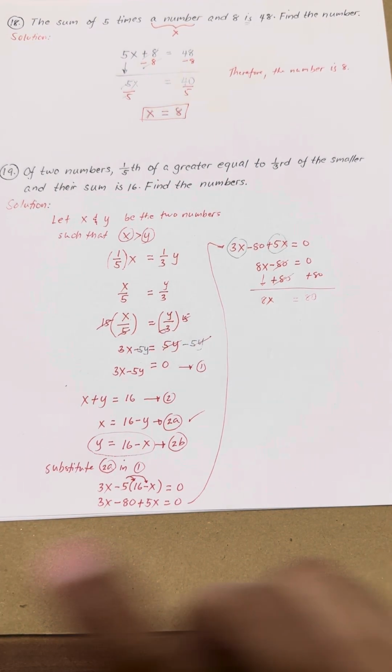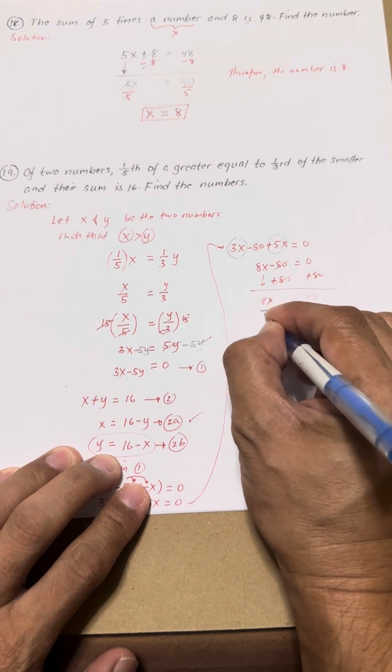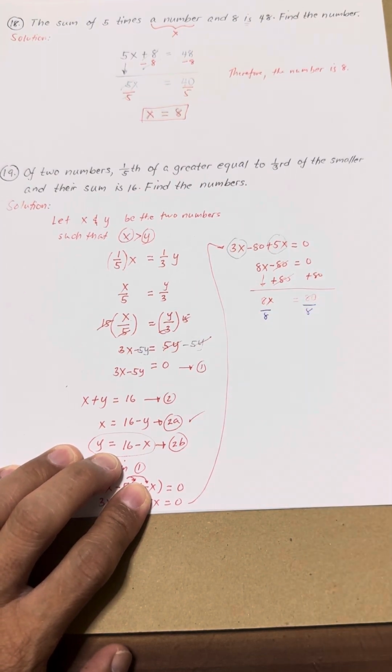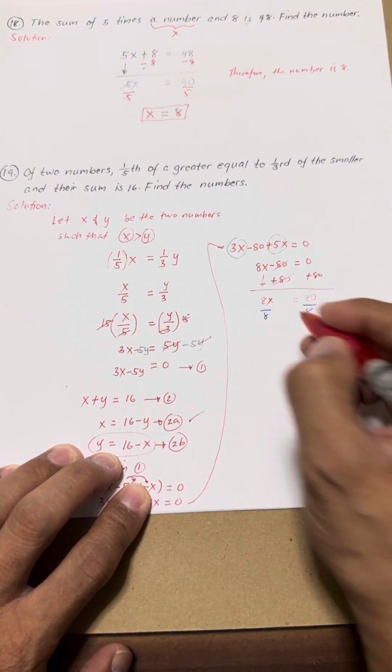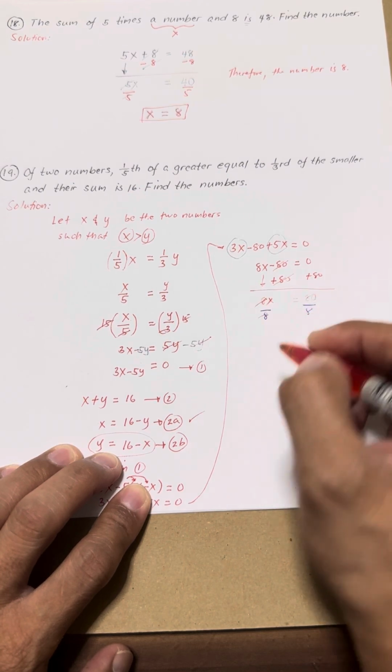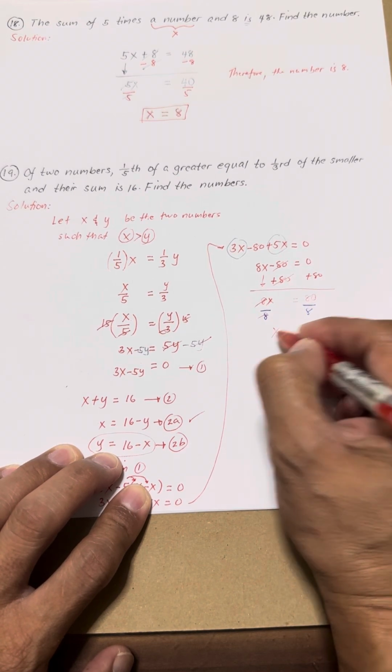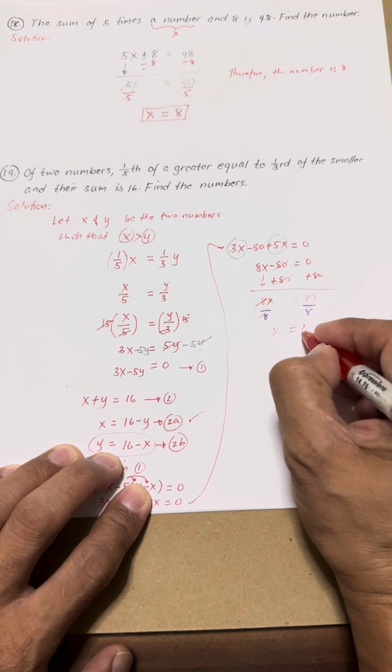Solving for x, we divide both sides by 8. On the left side we have x, because the 8 cancels out with the denominator. So x equals 10.